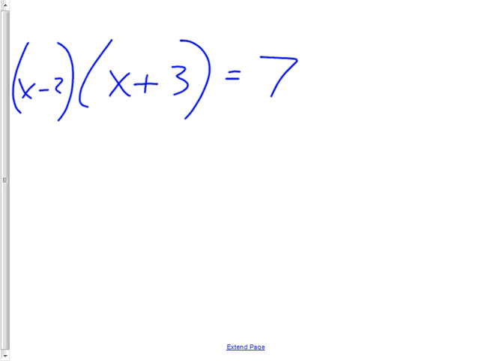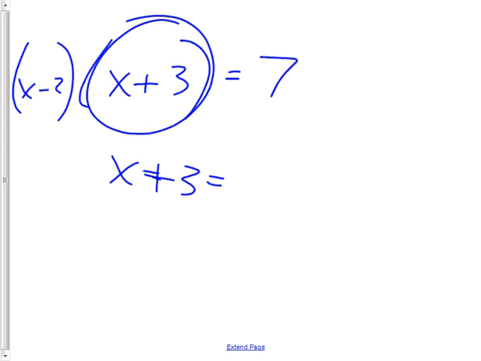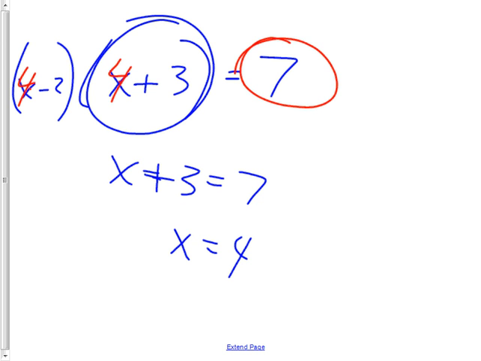Then I can't set this equal to 7, because if I just say x plus 3 equals 7, and then x equals 4, when I put it in here, sure, that'll make this part equal 7, but it won't make that part equal 7. Because when I put my 4 in, I put a 4 in here and a 4 in here, it won't equal 7. 4 minus 2 is 2. 2 times 1 is 2. This answer is 2, is not 7. So no, it won't work if it's equal to 7. It'll only work if it's equal to 0. So this number right here needs to be a 0.